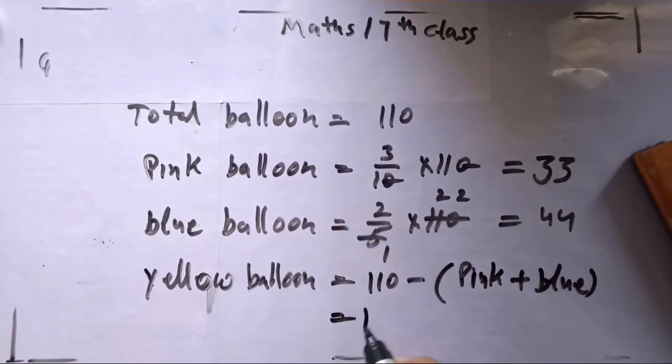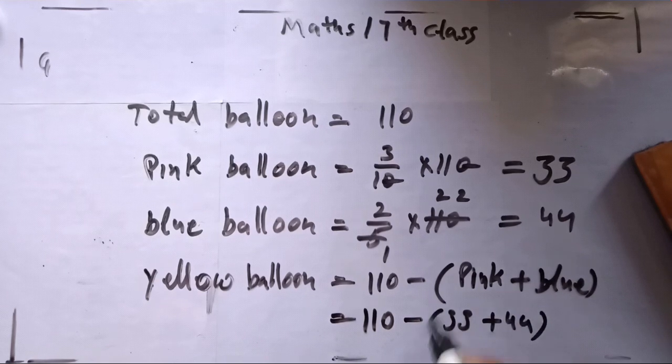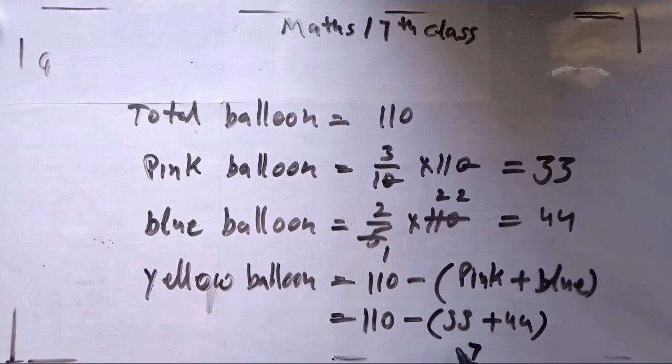The sum of pink and blue is 33 plus 44, which is 77. You have to add both and then subtract. So 110 minus 77, you will get the answer.